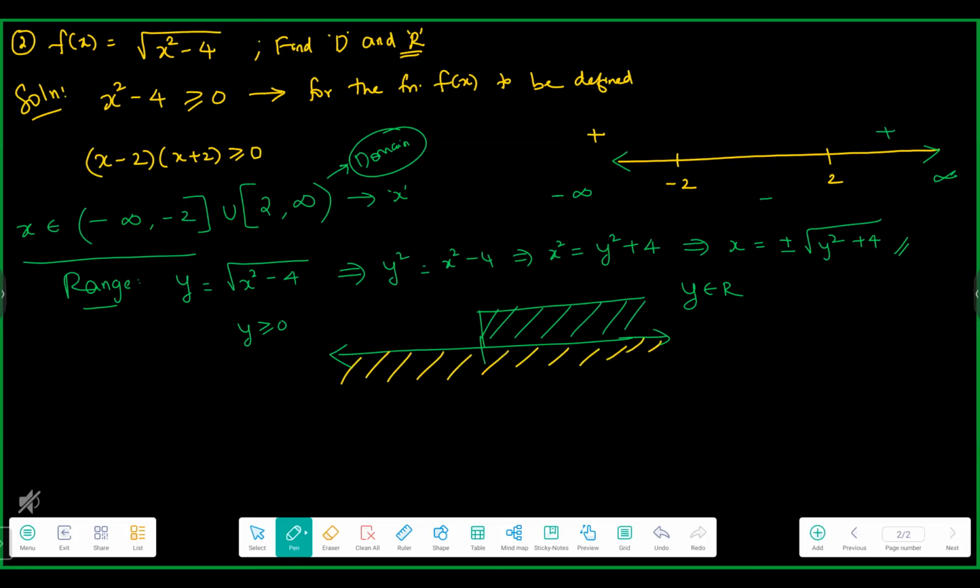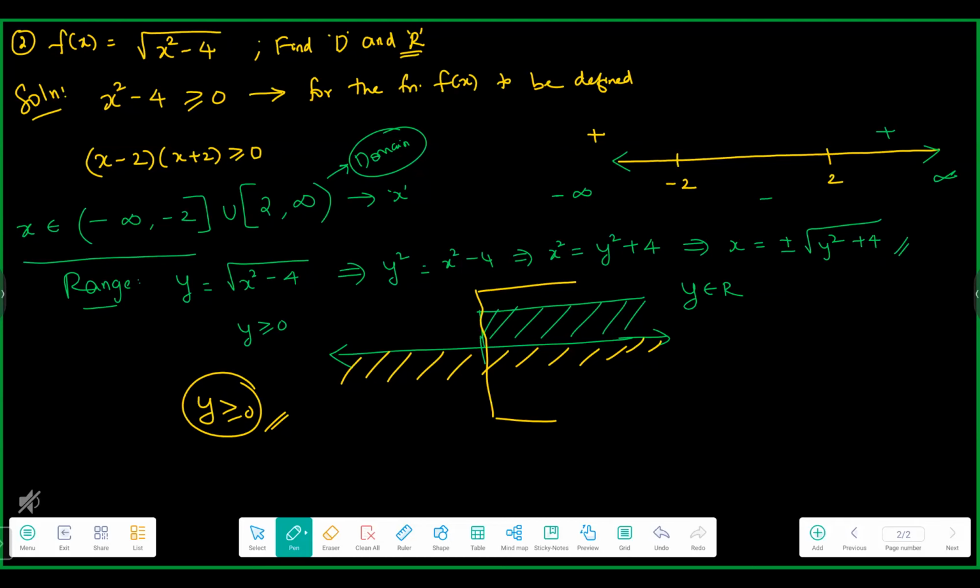So what is the intersection of these two? Which is a common area for both? So y is greater than or equal to 0 is what the answer is. Whatever x value you substitute, you will always get a positive value of y. That is the meaning of this.